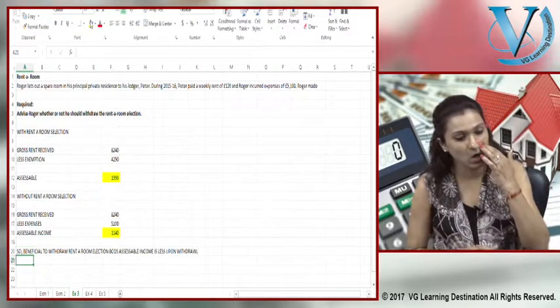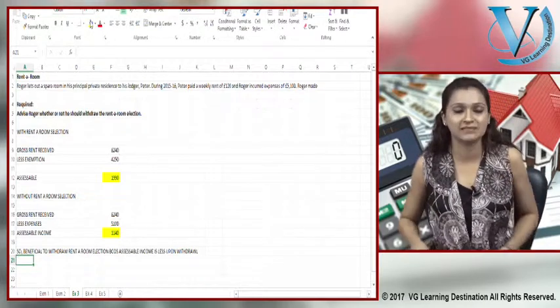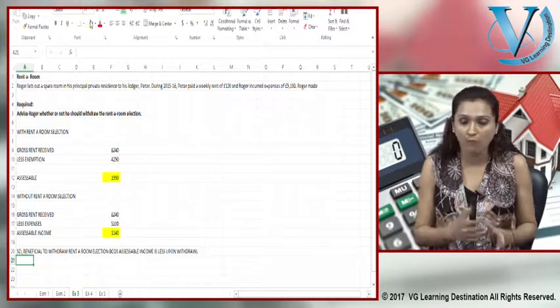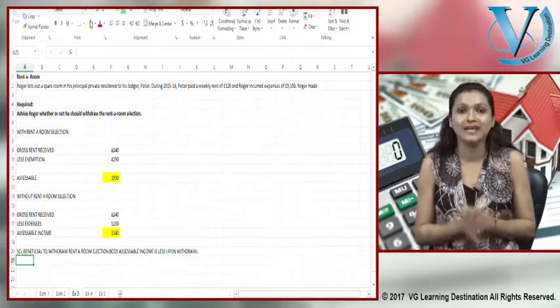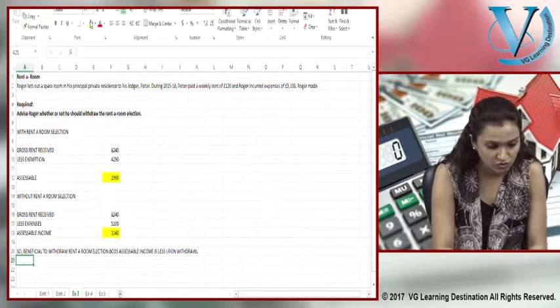So basically your rent a room selection can be withdrawn because your assessable income becomes less. That is how you need to decide whether or not you would want to make the rent a room selection. So let's get back to the rules now.